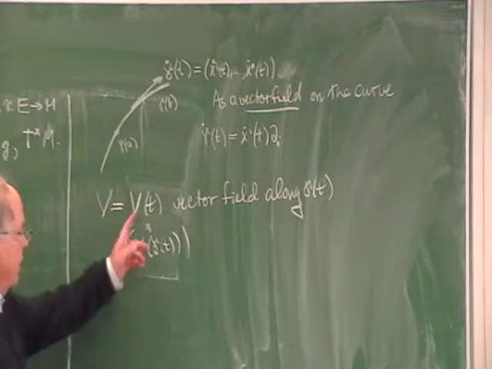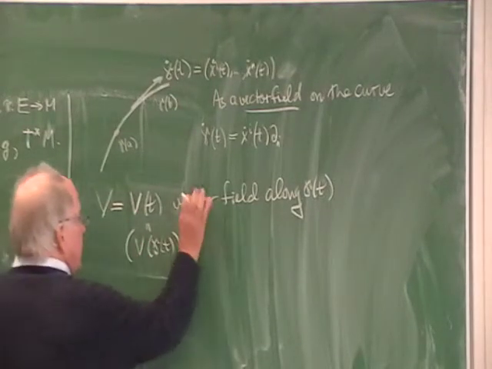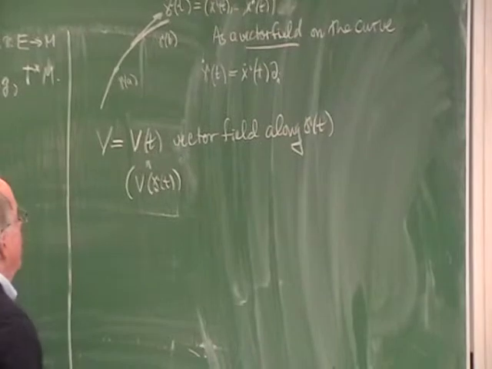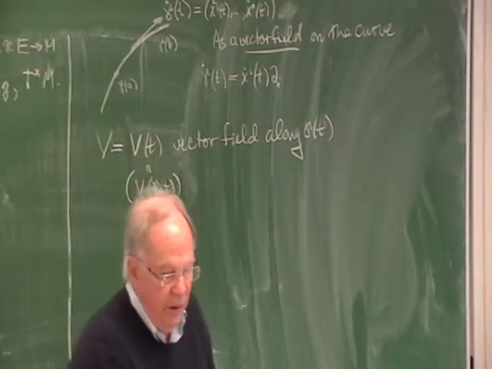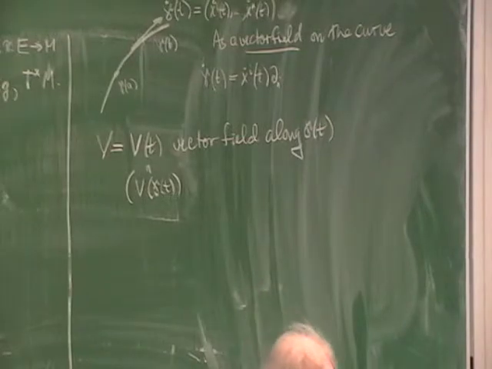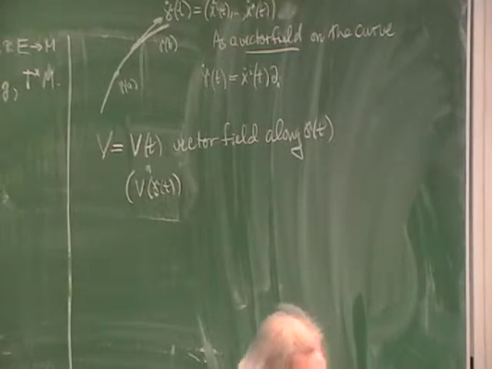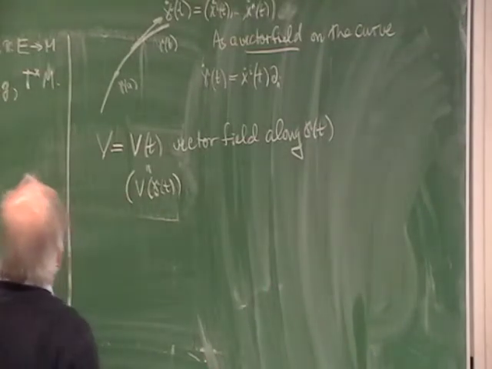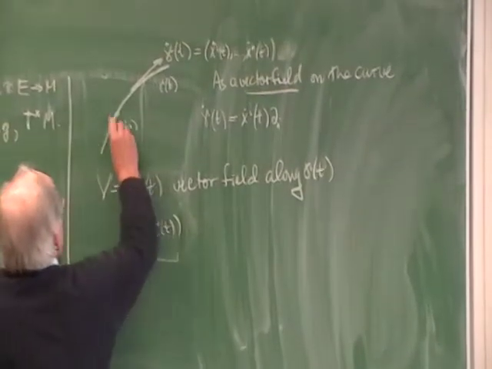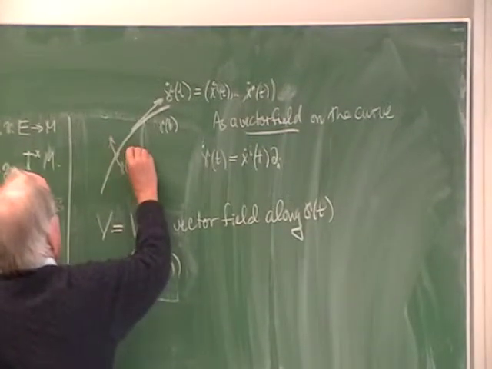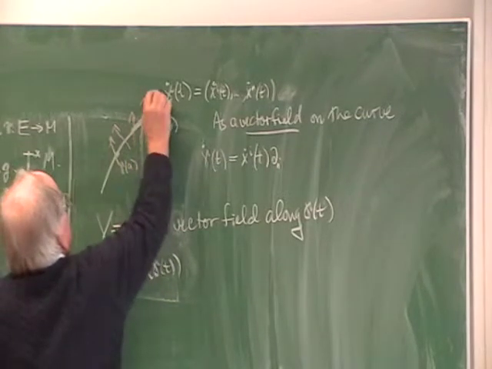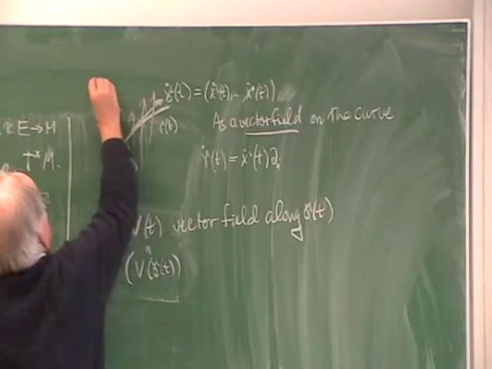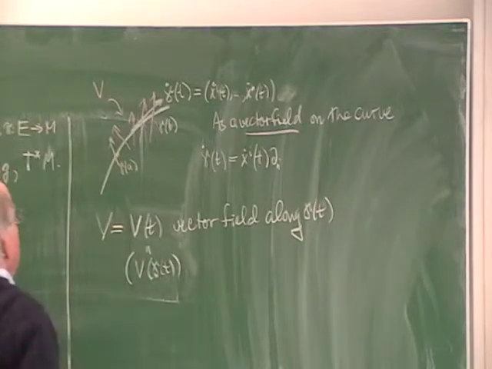Right, but we write like that. We can have a vector field along the curve. And this is one of the key things to understand. We have this vector field along the curve. And maybe it starts out like this and it's changing along the curve. I don't know, something like this. So this is the vector field v along the curve.